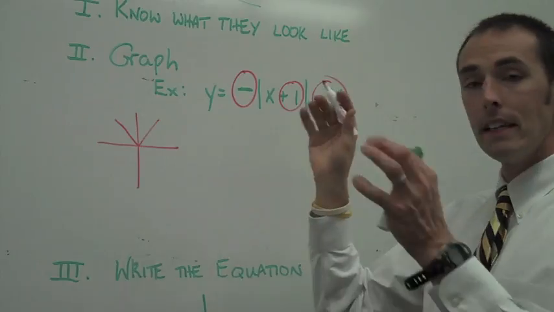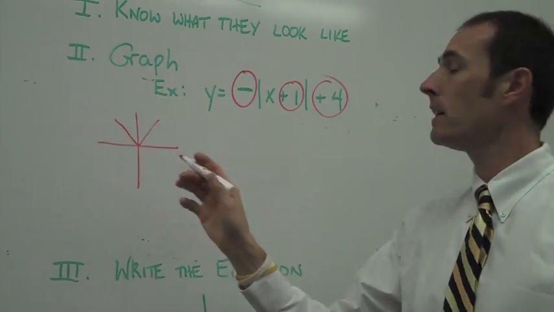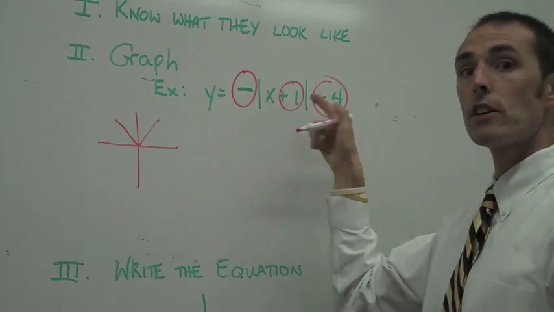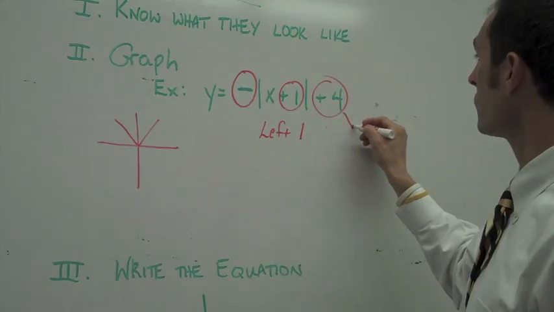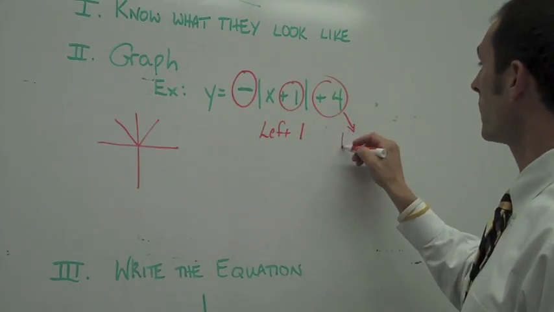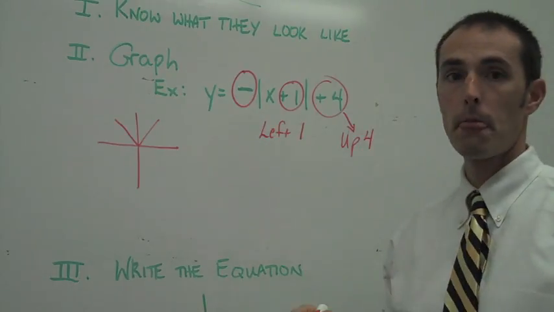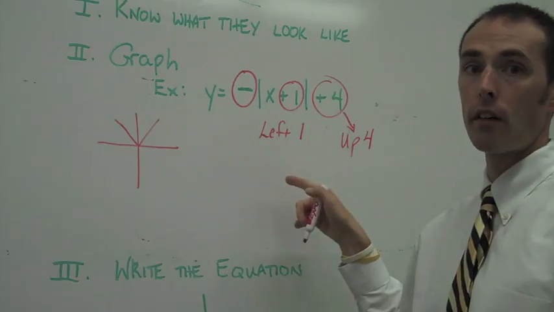This plus 1 inside grouping symbols means that there's going to be some type of side-to-side shift. Since it's a plus 1, we actually are going to go to the left, so we're going left 1. And this outside number indicates an up and down slide, so this plus 4 means we're going to go up 4. The last thing we need to do is incorporate those 3 characteristics into our graph.